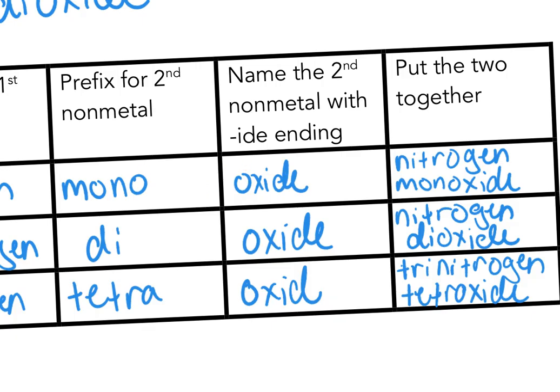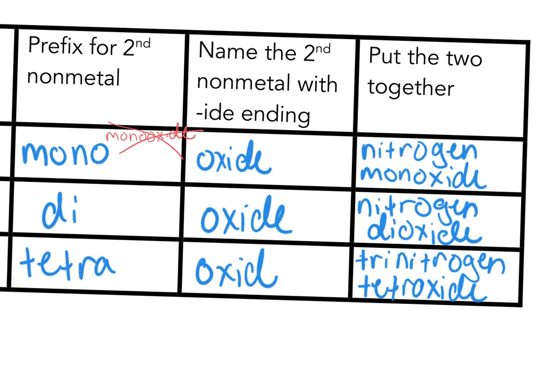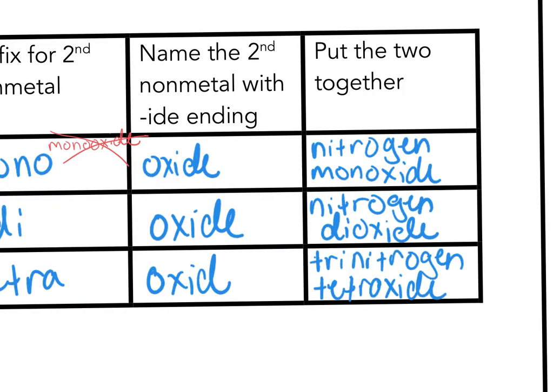We cannot just smush them together because that would end up with monoxide, okay? So you'll see in my answers, I have only left one O for the monoxide, okay? We can have an I and an O next to each other, so that's why I left the I.